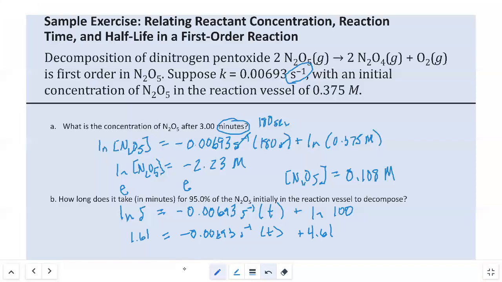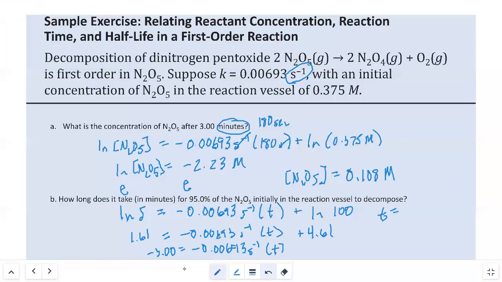Doing some algebraic moving around, subtract each side by 4.61, I get negative 3.00 is equal to negative k times t, which is going to give me a t value.